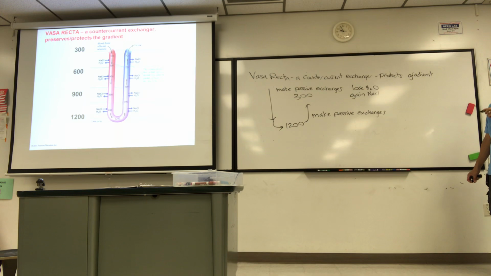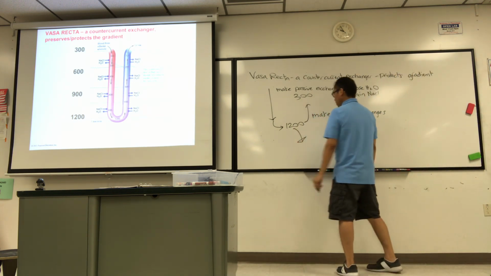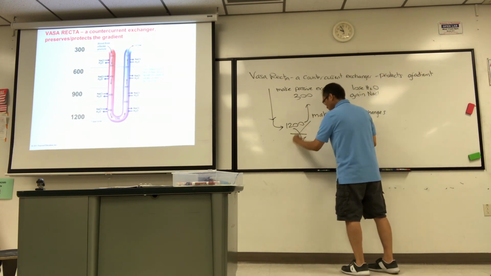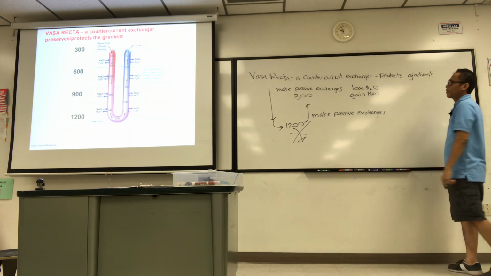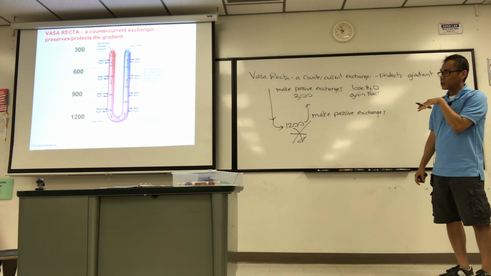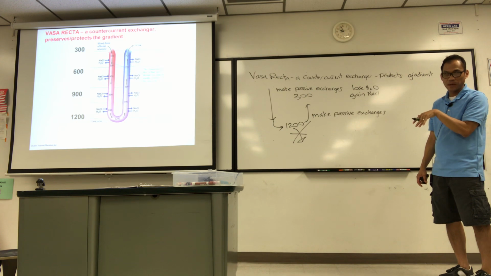Capillaries usually don't make a U-turn, but in this case it does. I mean, if this just left, you'd remove all of that salt. But you don't. You go back up and you make passive exchanges again on the way out. But this time, you're progressively losing salt and gaining water to redilute the blood.